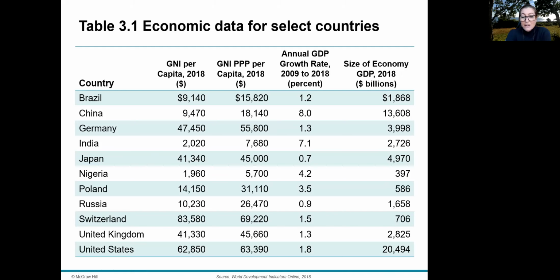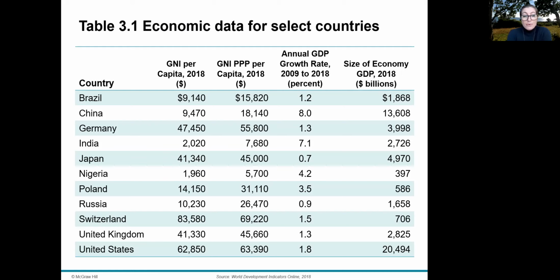So 20,494 billions of dollars in the US as a measure of the economy. But look at the size of the economy in China, $13,608 billion.